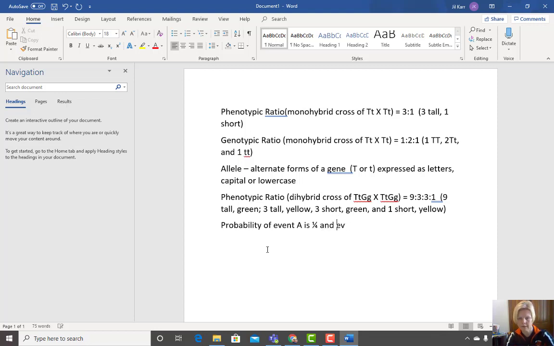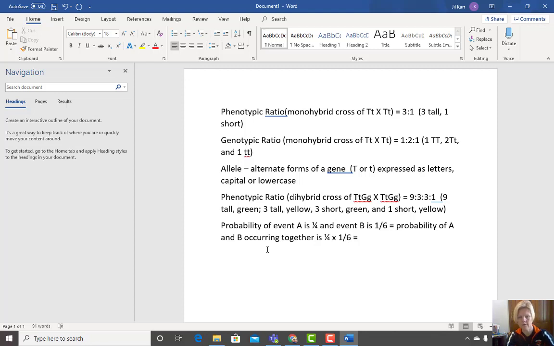Then the probability of A and B occurring together, I cannot type for the life of me, is 1/4 times 1/6, which equals 1/24. So just multiply the numbers together, and that's what we can do when we predict the inheriting of offspring.